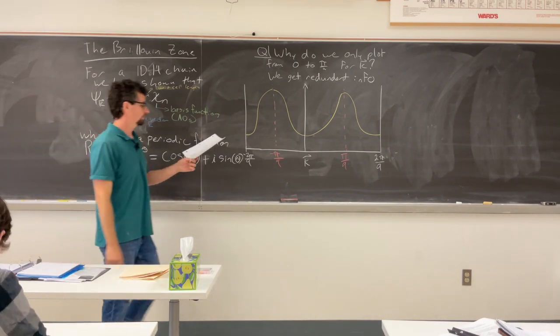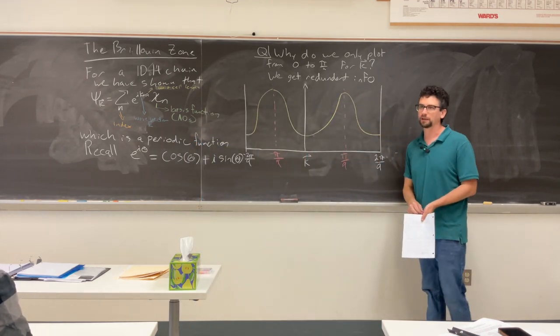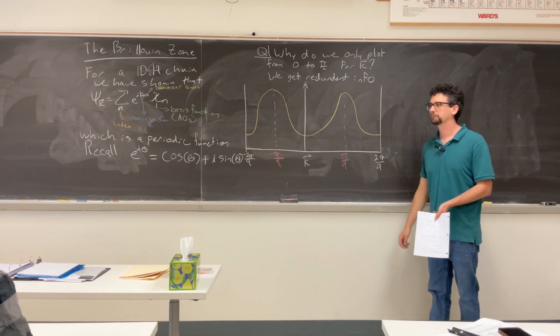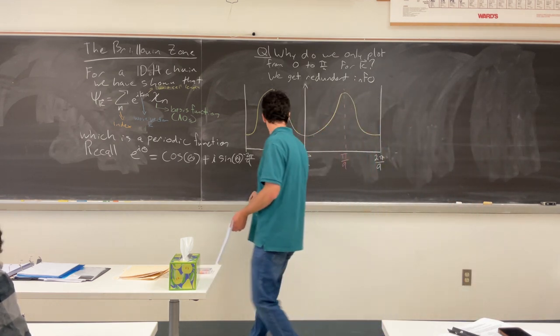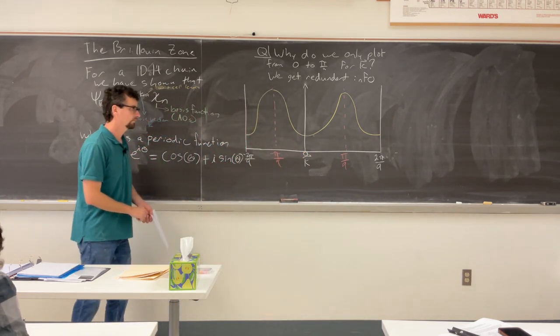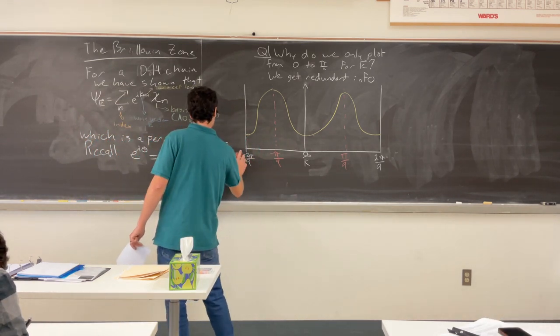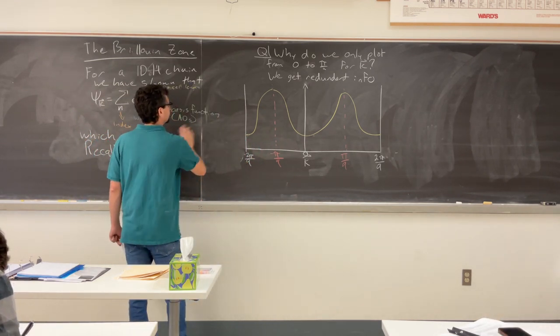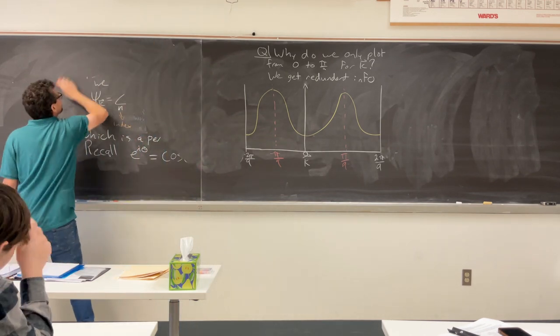Now, where is the unique region of k? Technically 2π/a could count because it was up and then down, but take your pick. π/a.